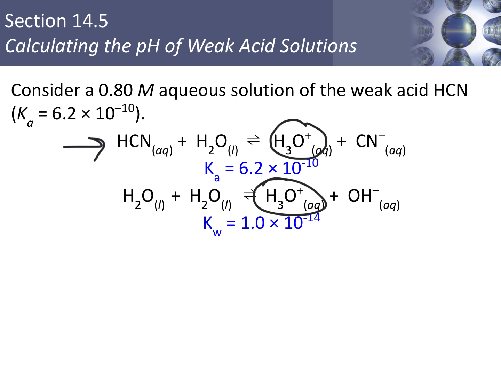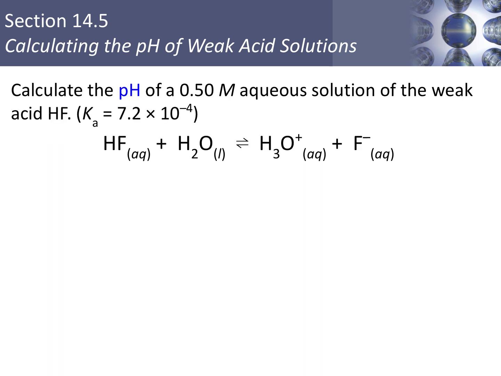So this means that the hydrocyanic acid is going to be a more significant source of hydronium ion. And so when we do a problem with any weak acid, we will always look at it as being the more significant source of hydronium ion compared to water. So we're going to ignore this, and then we'll go through our problem and we'll work with the Ka for the weak acid.